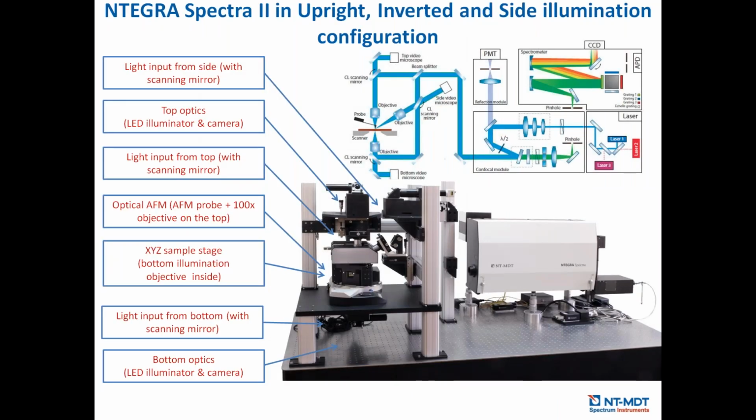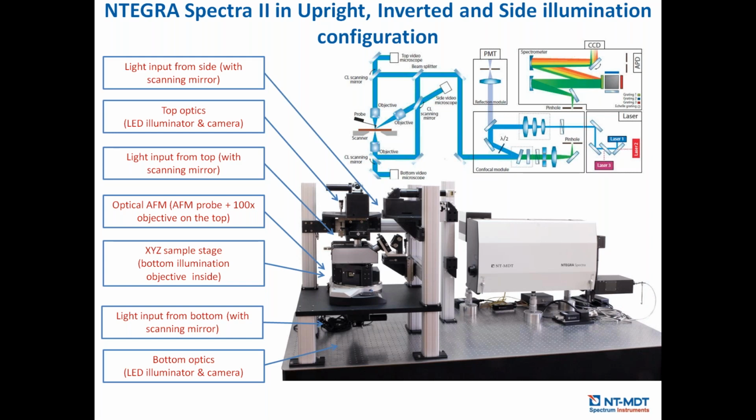Here is the general optical scheme of the spectrometer coupled with an atomic force microscope. On the optical table on the right-hand side, this is a typical example of a spectrometer, which is coupled by optical fibers with lasers, and then the light goes to the light input-output system.